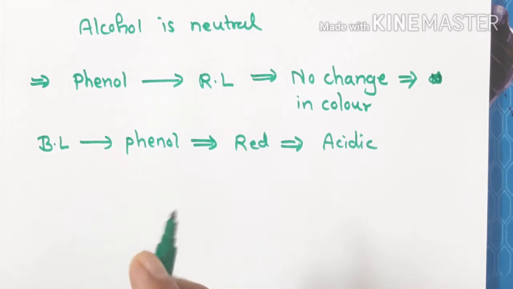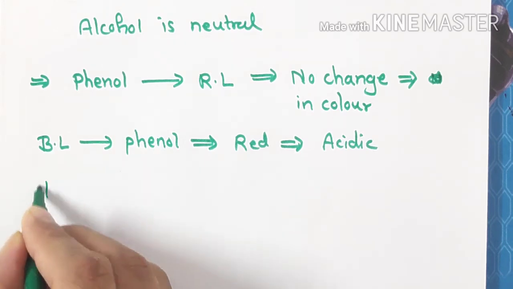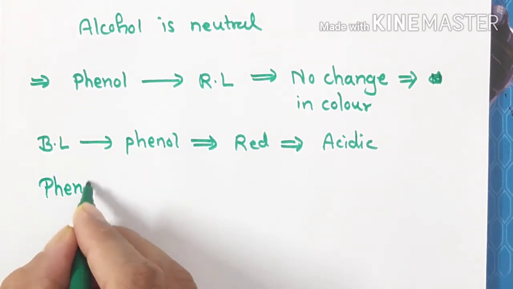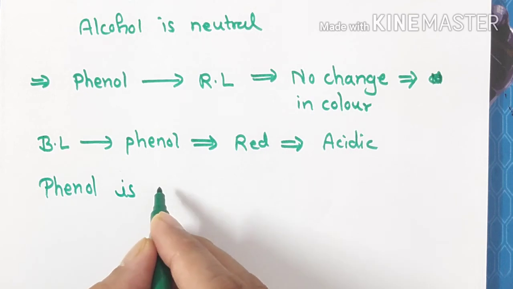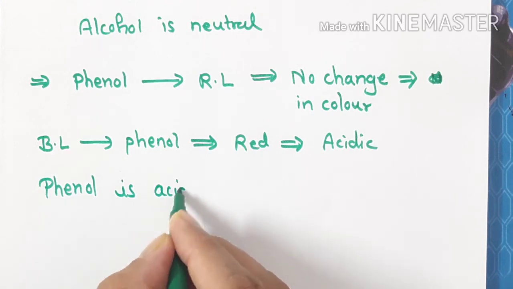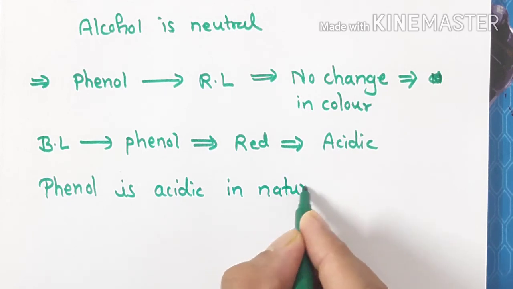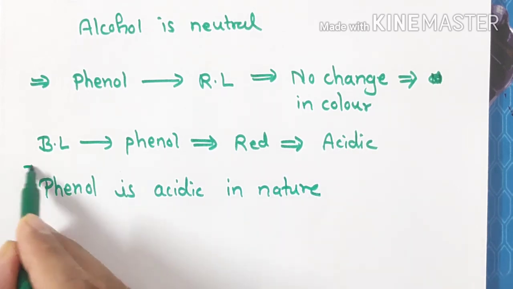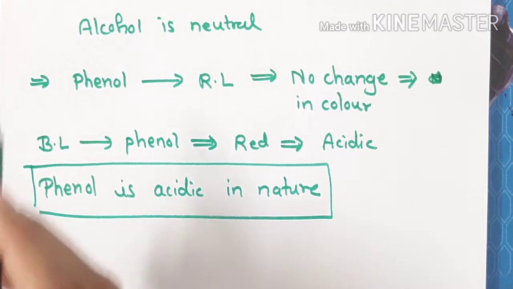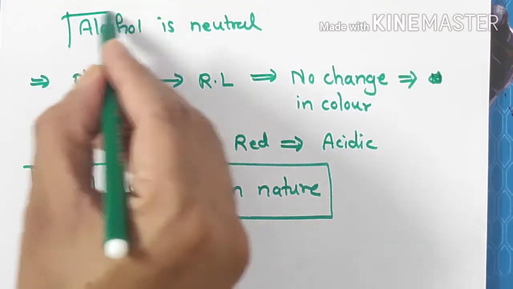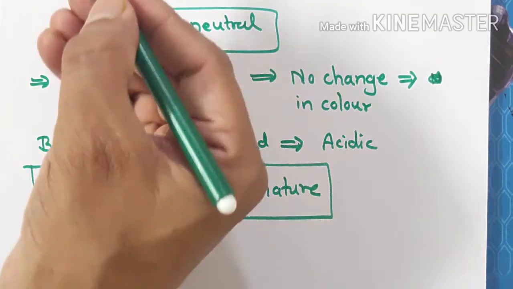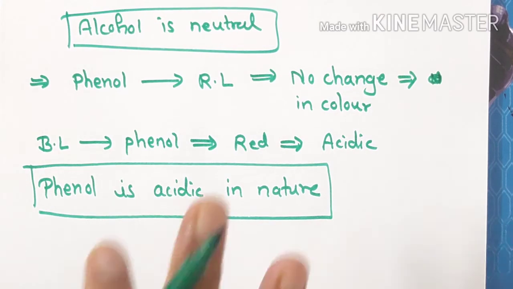That means phenol is acidic in nature. I hope this is clear. Phenol is acidic in nature by the litmus test. Alcohol is neutral in nature by the litmus test. So the bottom line is this.